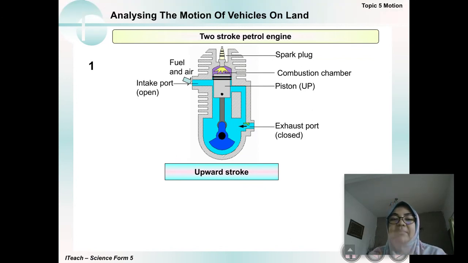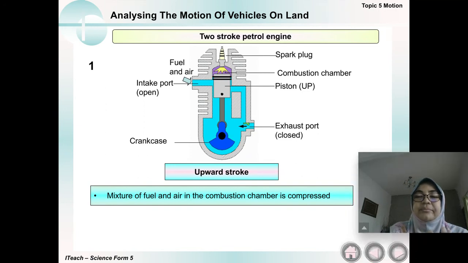Okay, so sama juga macam four-stroke tadi, yang mula-mula induction stroke, dia mesti intake fuel and air ataupun intake air untuk diesel. Okay, so untuk upward stroke, untuk dua-stroke ni, dia masukkan juga fuel and air. Mesti masuk fuel and air lah. Okay, so ini kita panggil crankcase, tadi crankshaft, ni crankcase, lebih kurang je.